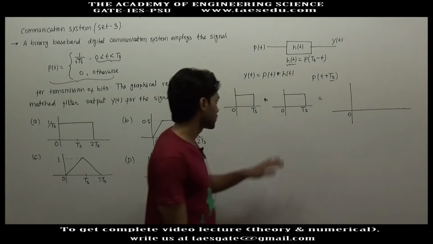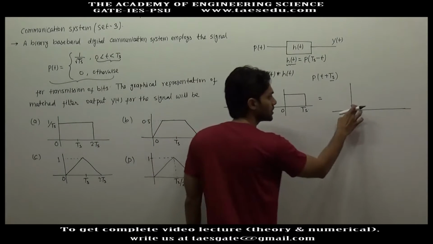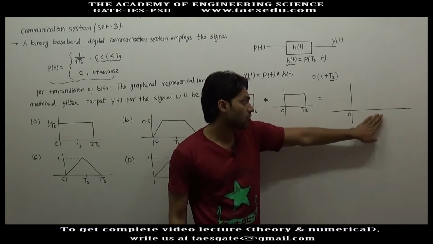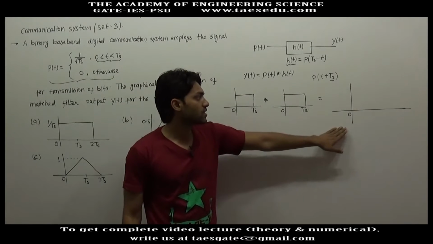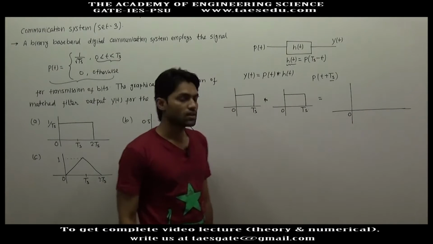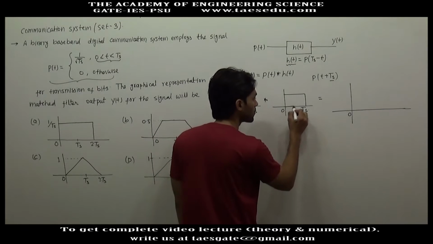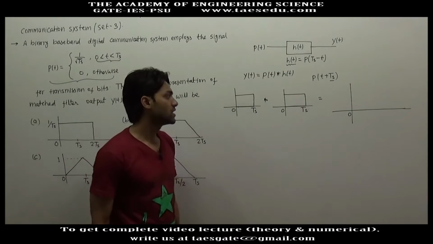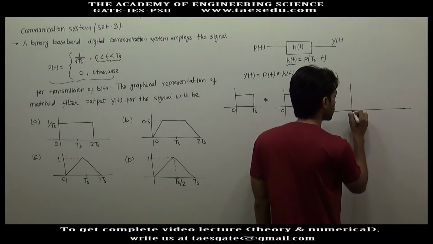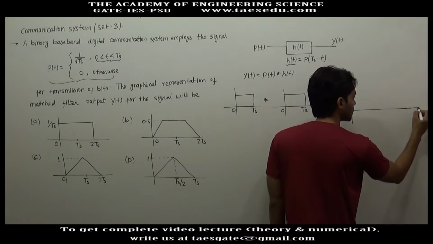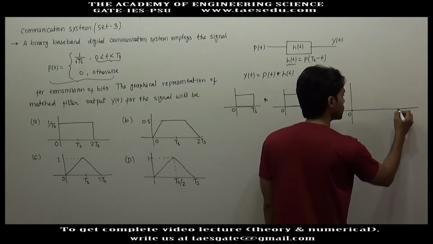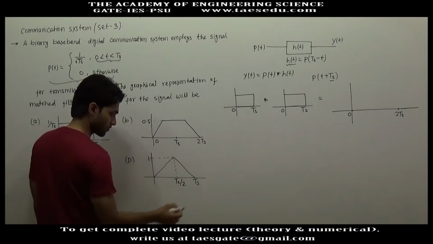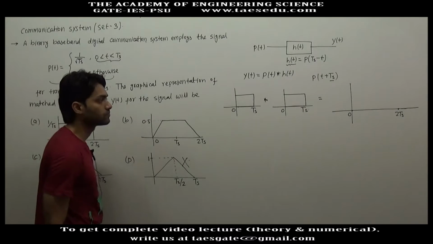If we are taking the convolution of two graphs, the overall range for which the answer will be non-zero will be the width of this graph plus the width of this graph. So the total width is 2Ts. So the width of the graph in the answer will be 2Ts. In this option the total width of the graph is Ts, so this option will be wrong.